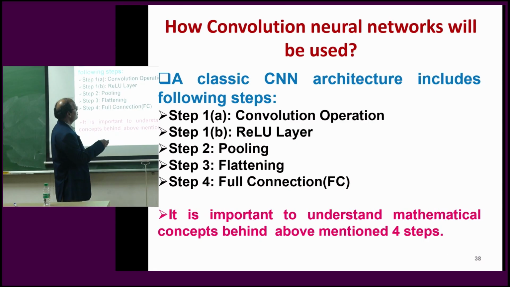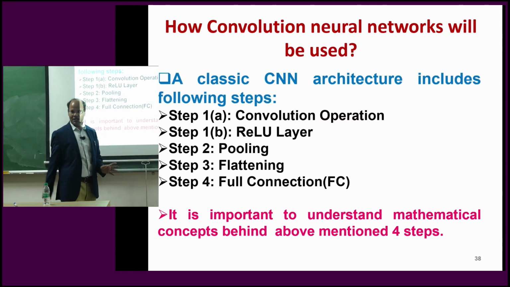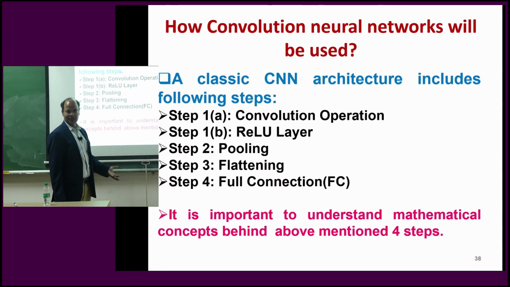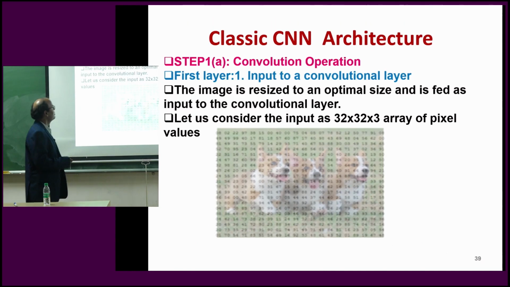So convolution operation, ReLU layer, that's 1A, 1B, then pooling, flatten, and then fully connected layers. This is the standard way, and you need to understand math related to the convolution operations. ReLU is very simple, already understood. Pooling layer is just a concept. The rest everything is your NN part.